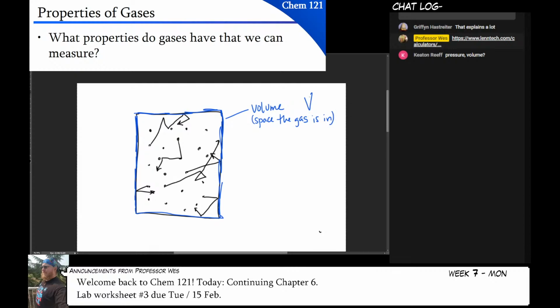We're going to give it a variable. When the particles collide with the side of the container, these impacts are called pressure. Pressure is a little bit nebulous to define until we look at the kinetic molecular theory, which is the theory that molecules move.